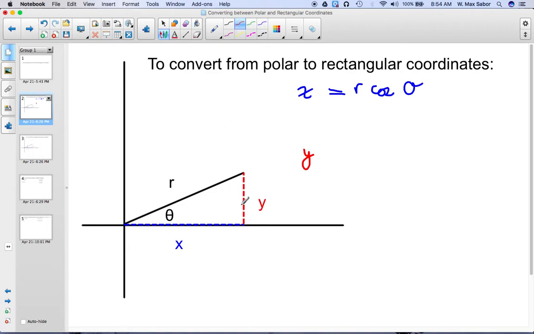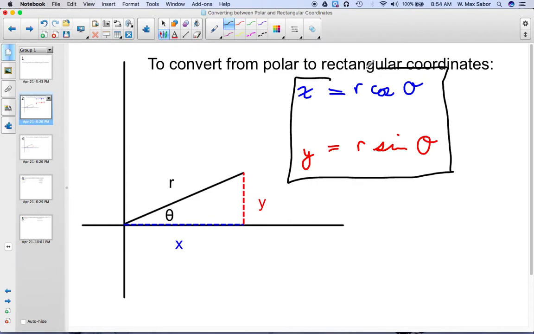And for y, it's the opposite side compared to the hypotenuse, so y is r sine theta. These are the equations we use when converting from polar to rectangular, because we can plug in r and theta and get out x and y.